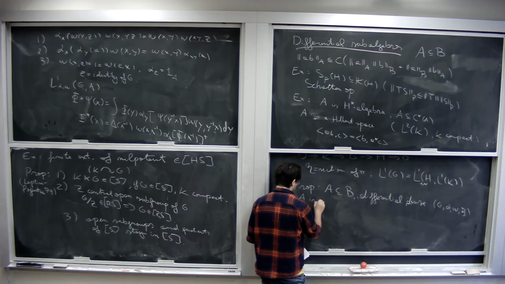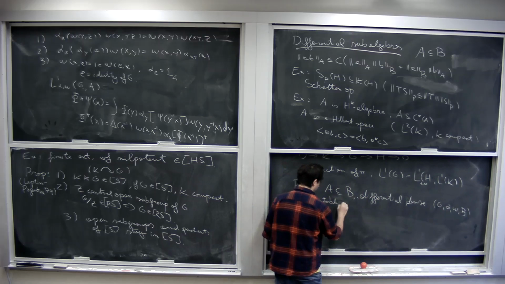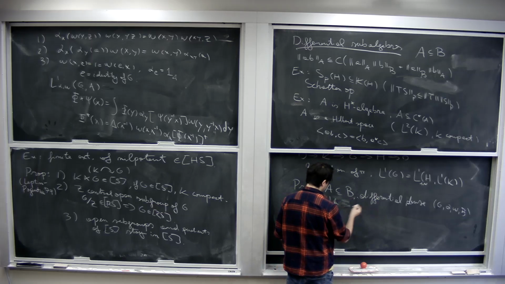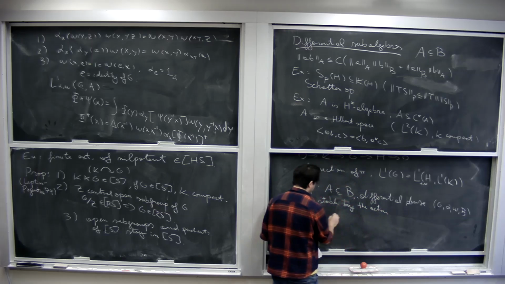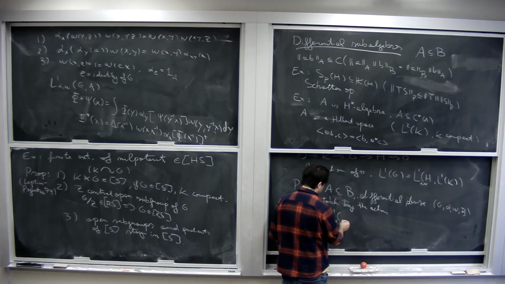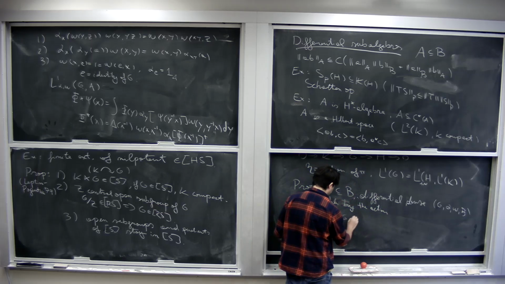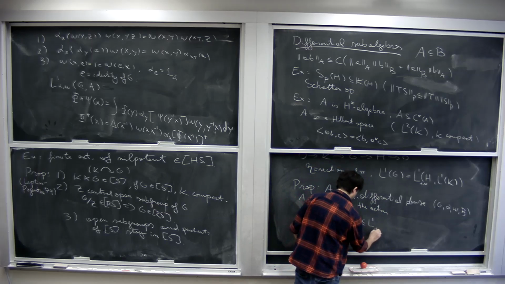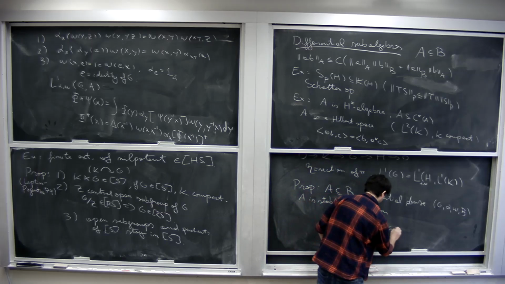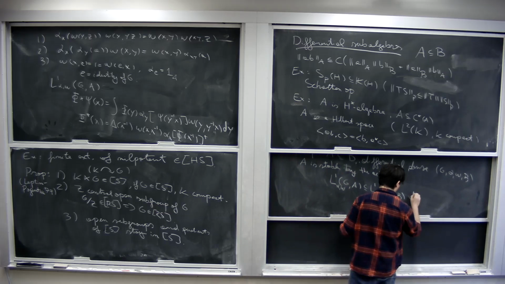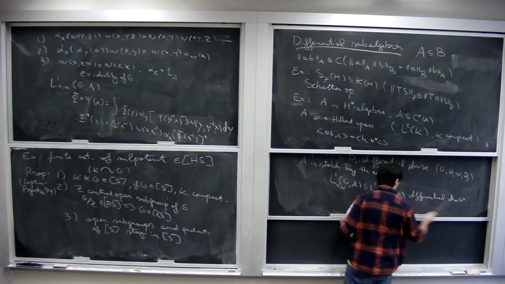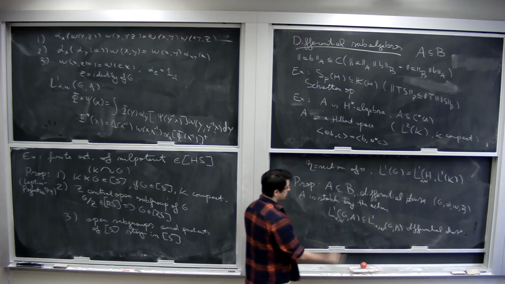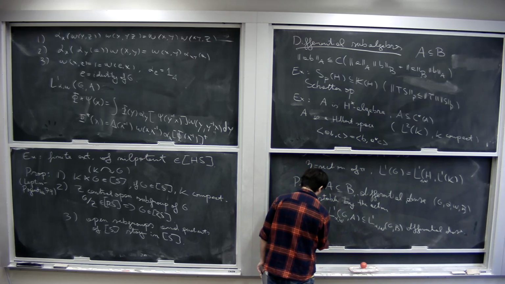A is stable by the action. And then I get that the L1 algebras have a differential dense inclusion. Okay. So because of the property, I get spectral invariance.